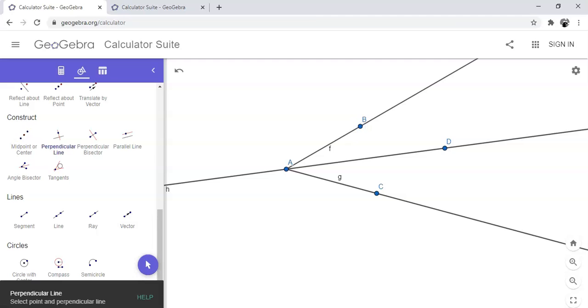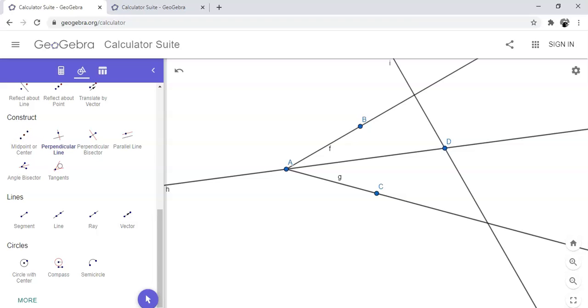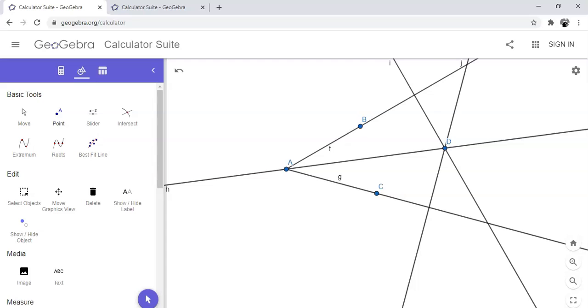So if we pick a point and the line, we get this, and I'm going to put points at the intersections here and here. So the distance from the ray AC to D is the segment DF, and the distance from the ray AB to D is the segment DE.